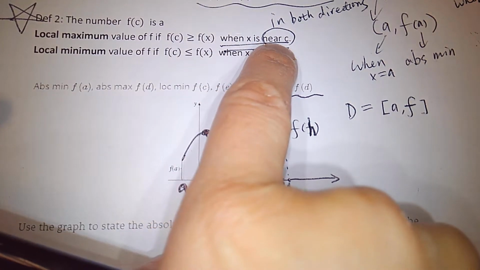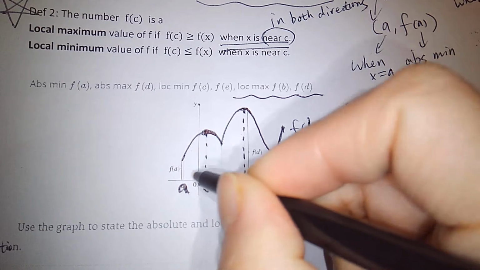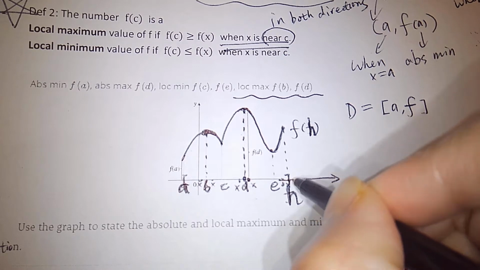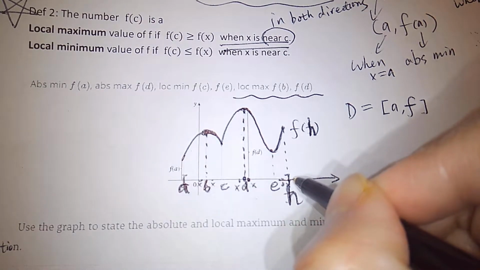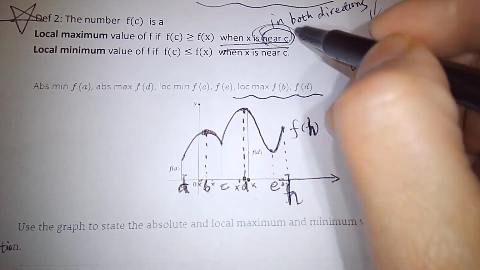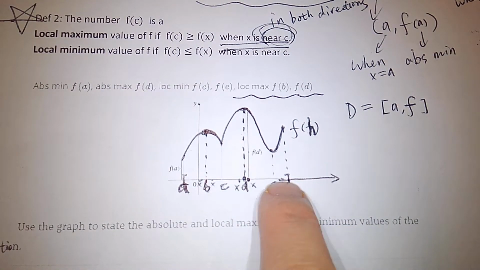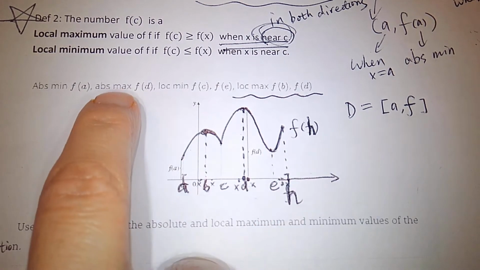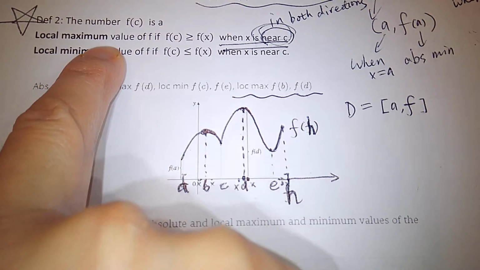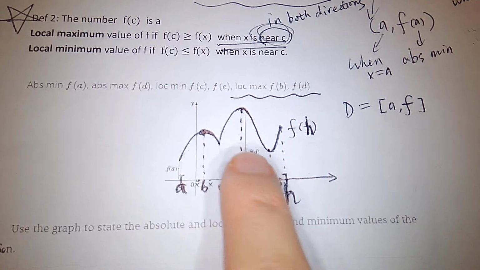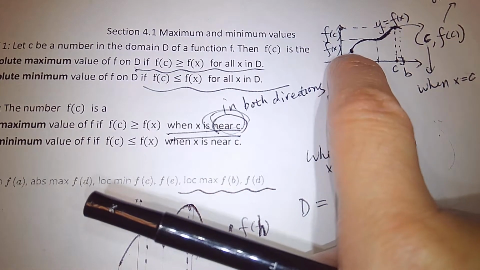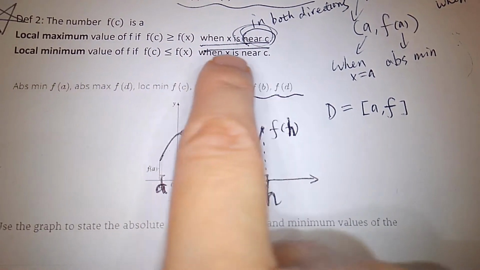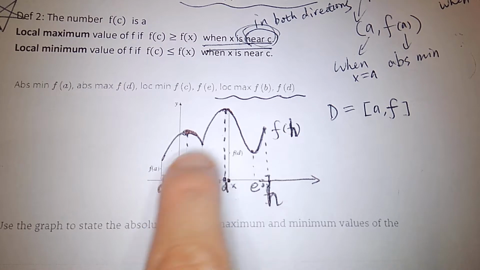When x is near c from both directions, this is our interval. So we don't have x close to H from the left-hand side, but do we have any other x to the right of H? No. So near here means near H from both directions. Now, f of H cannot be considered our local maximum. You guys understand that? It's not like the absolute maximum, where the absolute minimum could occur at its endpoint. However, can a local maximum or local minimum occur at its endpoint?